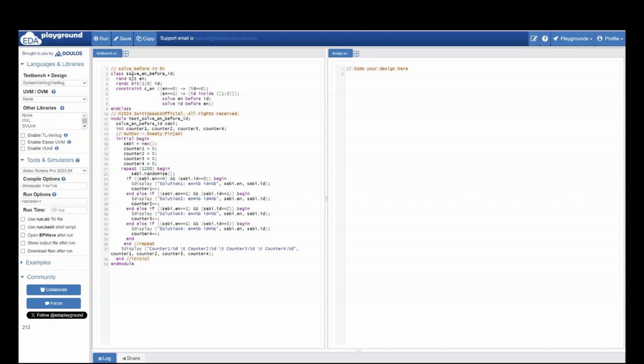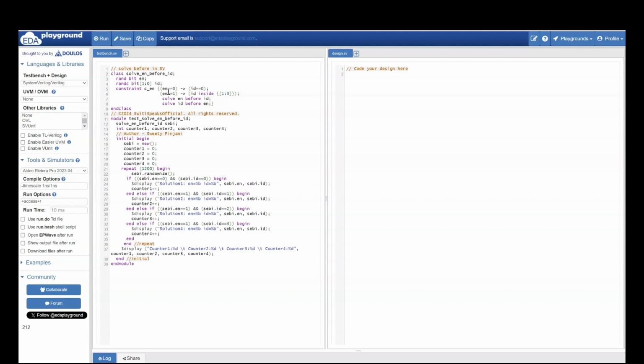Here I have a class which is solve enable before id. I have a random bit enable and a cyclic random variable id which is of 2 bits. I have a constraint in which I am saying whenever the value of enable is 0, the value of my id should be 0.